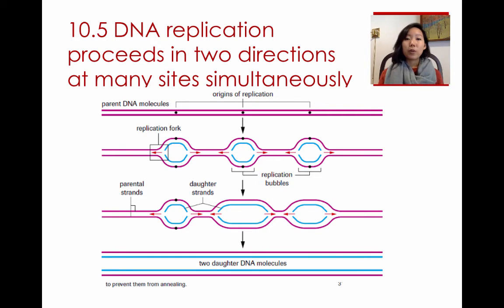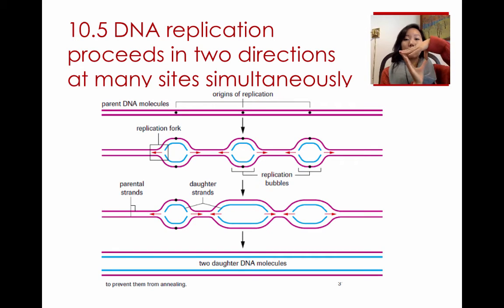So just to go a little bit more in depth with this, if you look at the original DNA molecule, you have the two strands like this. And there are multiple points called origins of replication where you can start to replicate the DNA. At these specific points in the DNA, there's a protein that separates the two strands, forcing them apart and breaking those hydrogen bonds. And then it forms a little bubble.